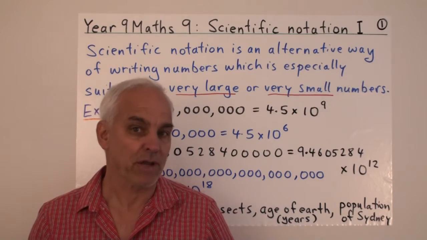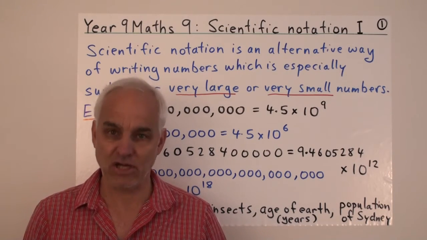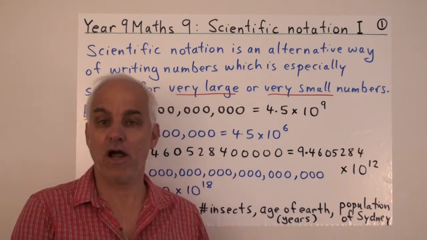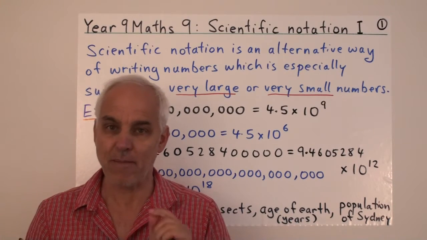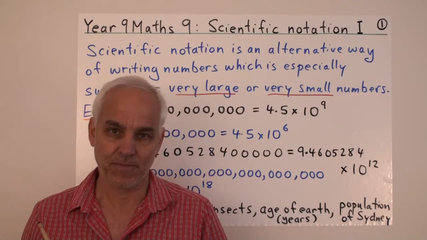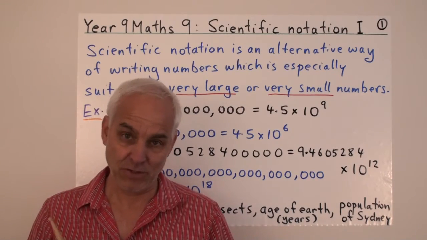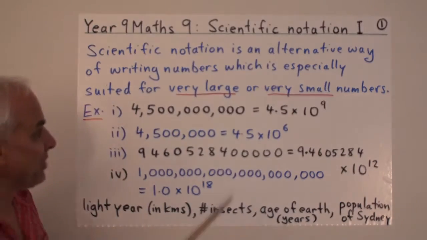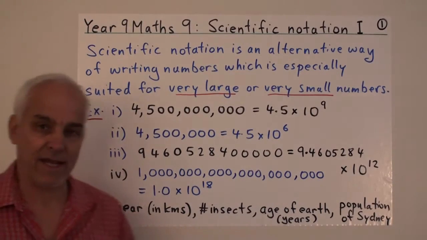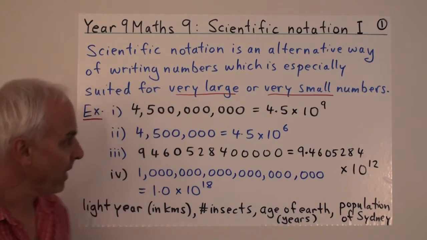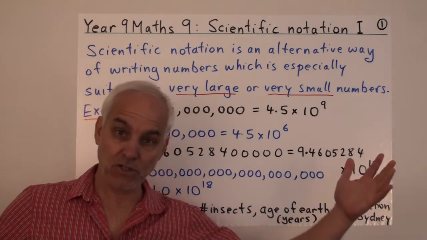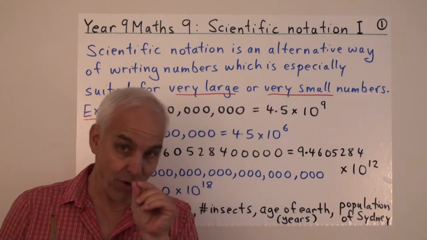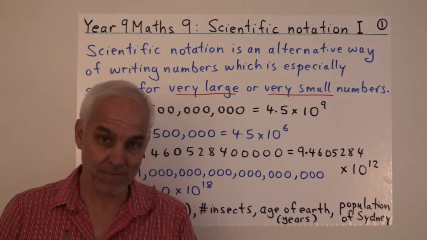Today we're going to start learning about scientific notation, which builds on our understanding of the index laws that we've been talking about in our last few videos. So what is scientific notation? Well, it's an alternative way of writing numbers, which is especially suited for very large or very small numbers.